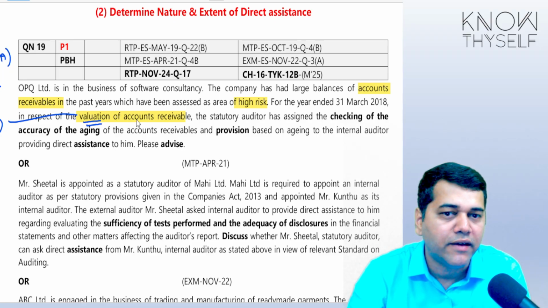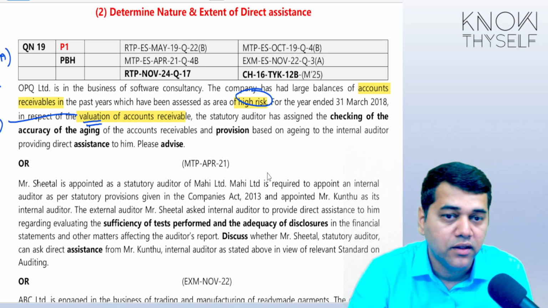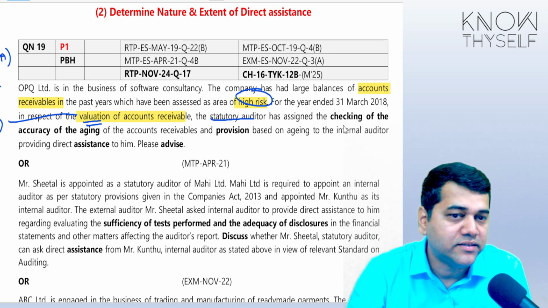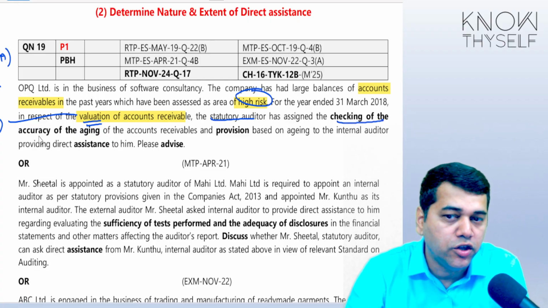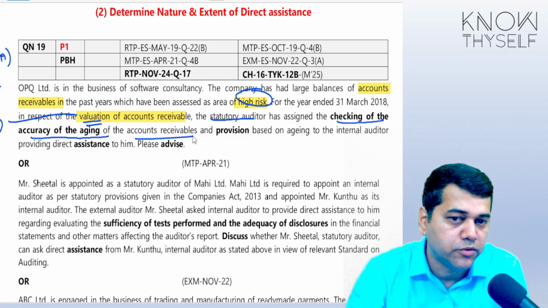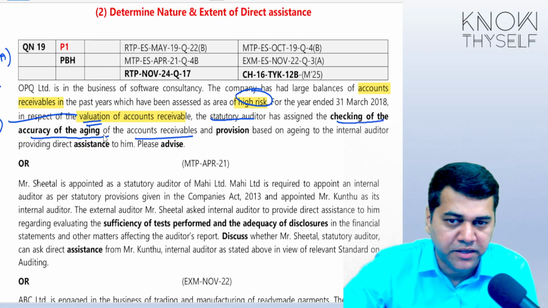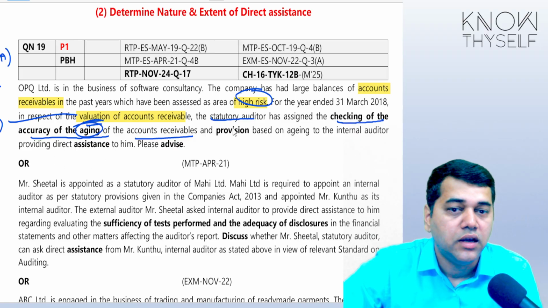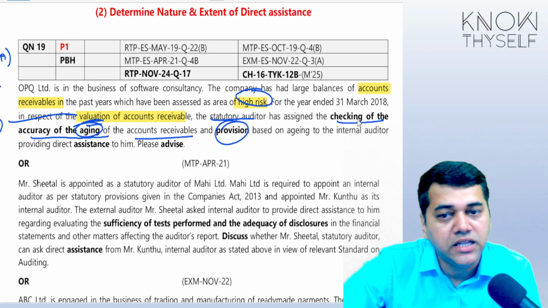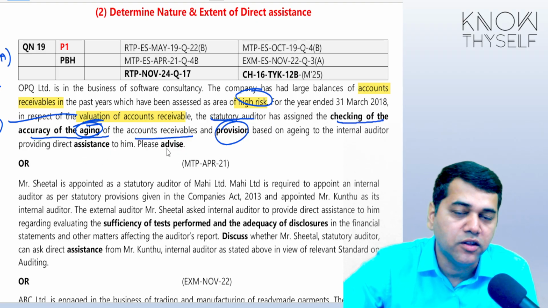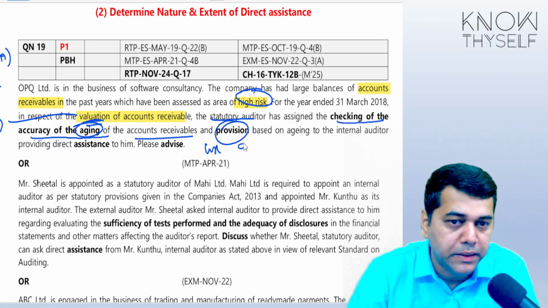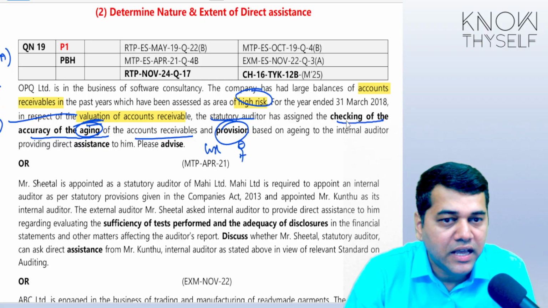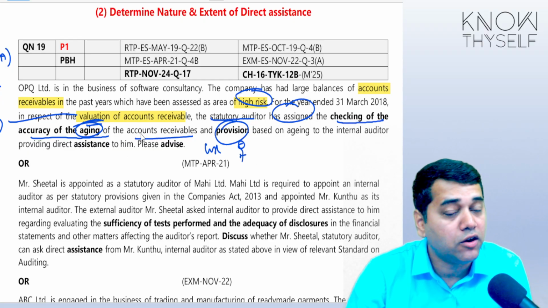So you are looking into the valuation, and this is a high risk. The statutory auditor has assigned checking of the accuracy of the aging of the accounts receivable, because one of the very important elements for checking reserve for bad debts is the aging document, and making provisions based on the aging, providing direct assistance. Now the question comes, can you use their people? See, he has assigned the work, they are not using the work.